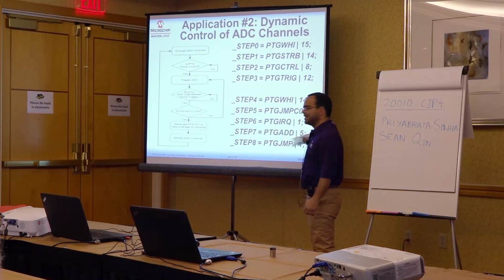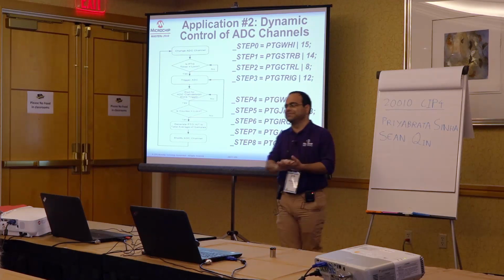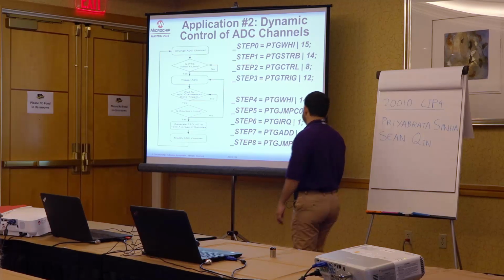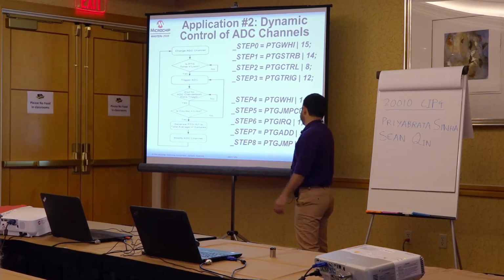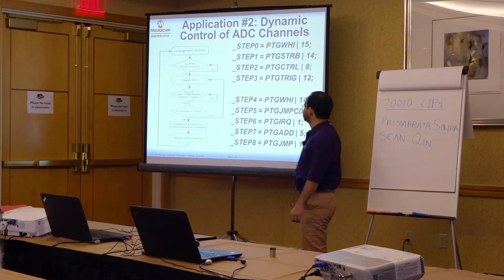So here it's updating that temporary register, and then in the next iteration it will actually transfer that channel selection value to the ADC control register, right. And of course at the end it's an unconditional jump, so it will keep repeating this entire sequence.